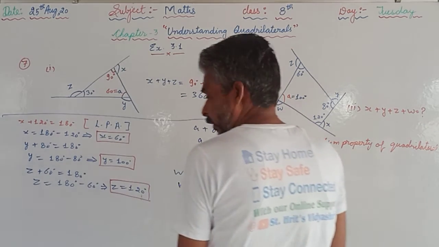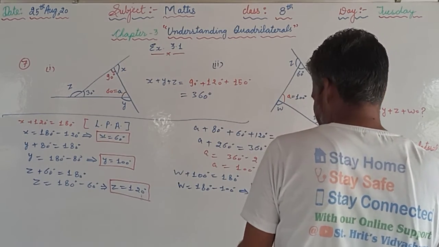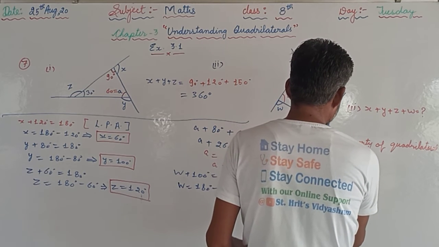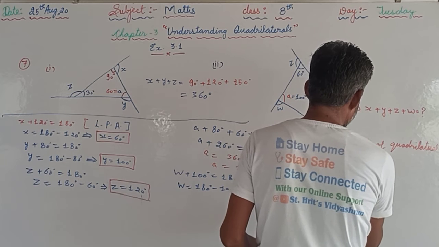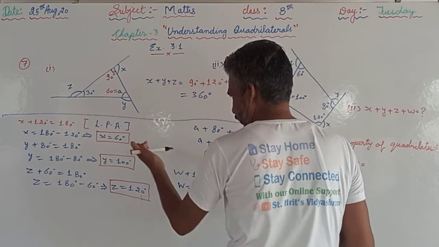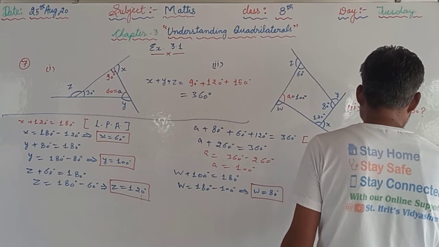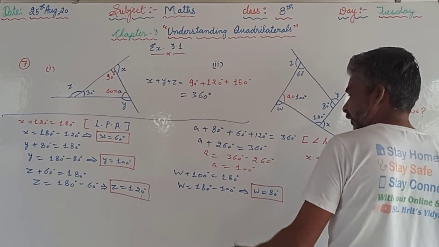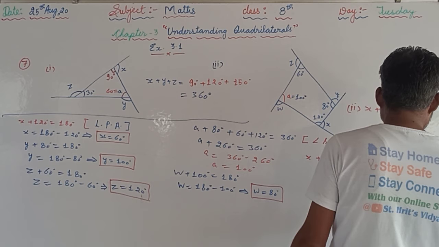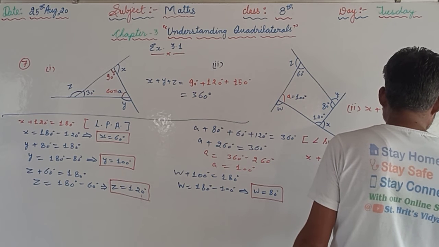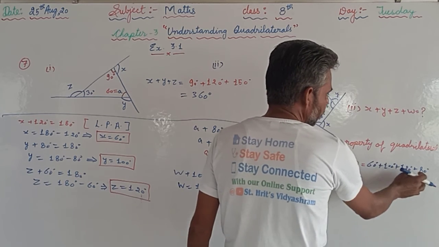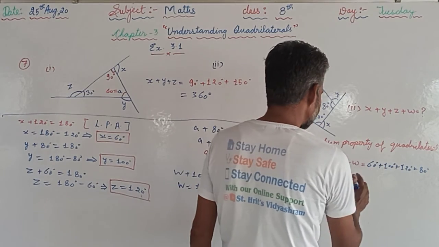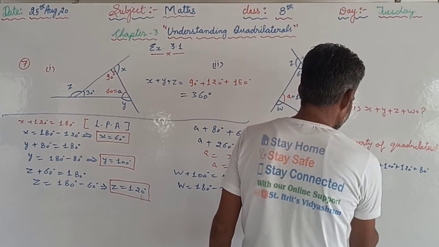So now the main thing, we have to find x plus y plus z plus w. So x plus y plus z plus w will be equals to x, the value of x is 60 degree, the value of y is 100 degree, the value of z is 120 degree plus 80 degree. So 120 plus 80, 200, 200 plus 100, 300, 300 plus 60, that is 360.